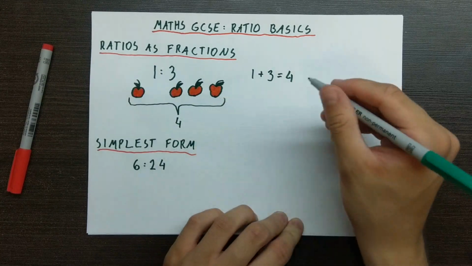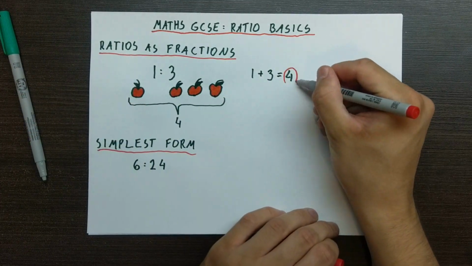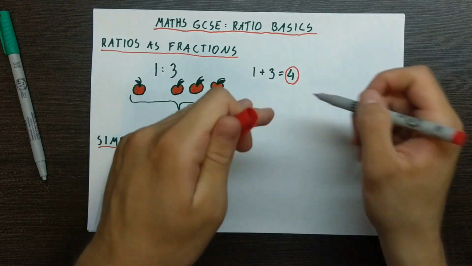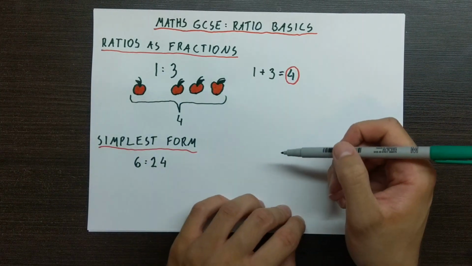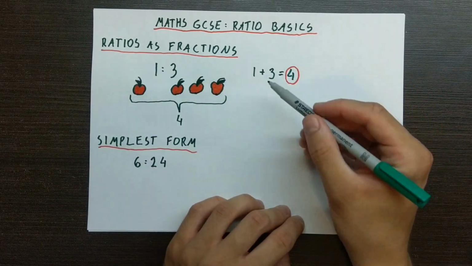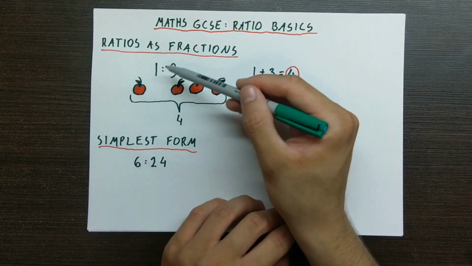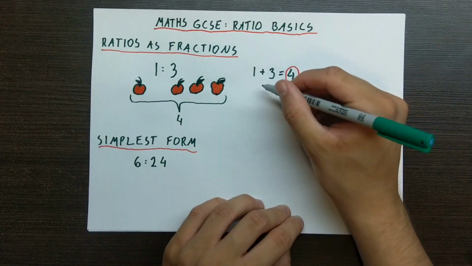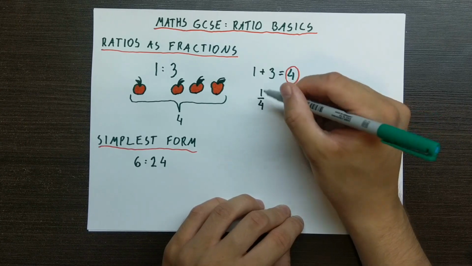And that 4 will go at the bottom of the fraction, because that's the total that we will be taking a fraction of. So this will go as a denominator. So if we wanted to express this side as a fraction, the 1 side, we would put this down as a fraction like so, 1/4.